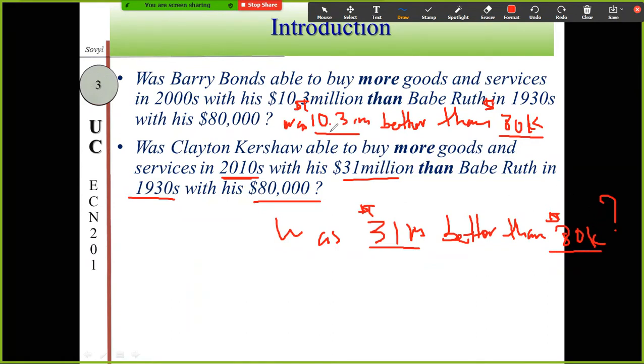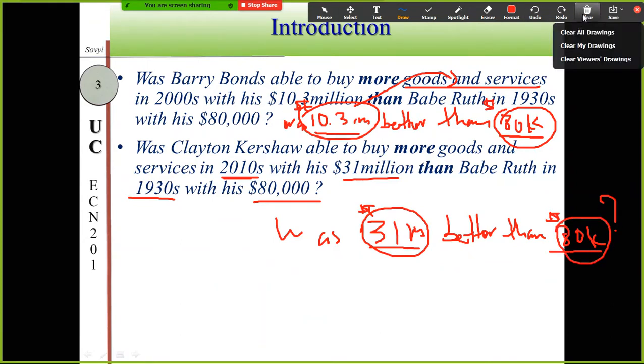But this question is not based on the amount of money, it is based on goods and services. It means that $10 million can buy more goods and services than $80,000, and $31 million can buy more goods and services than $80,000.